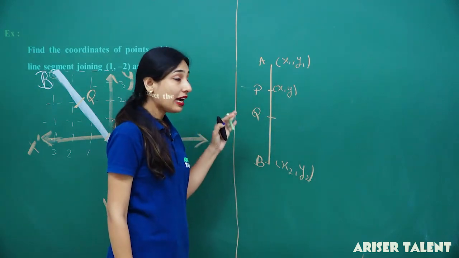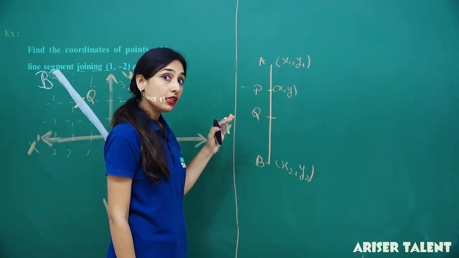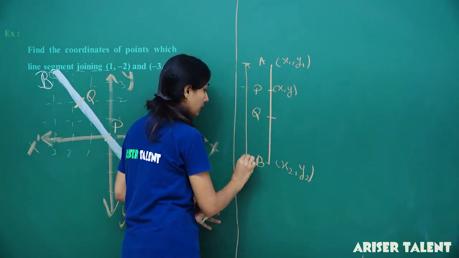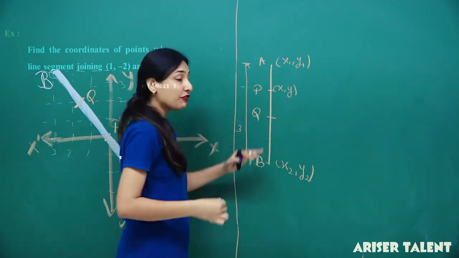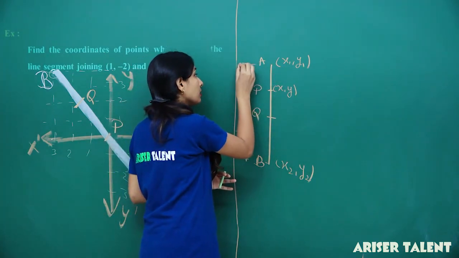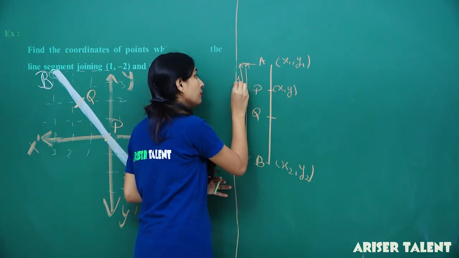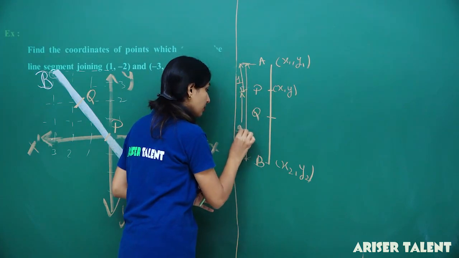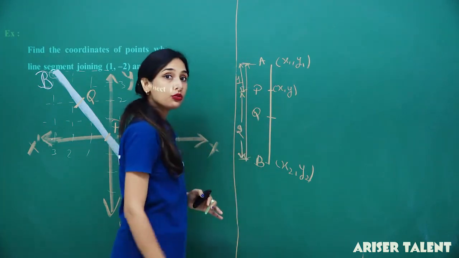I am also provided with lambda, because if it's 3, that will be 1, that will be 1, that will be 1. So if this is 1, that is 2, 3 minus 1 equals 2.